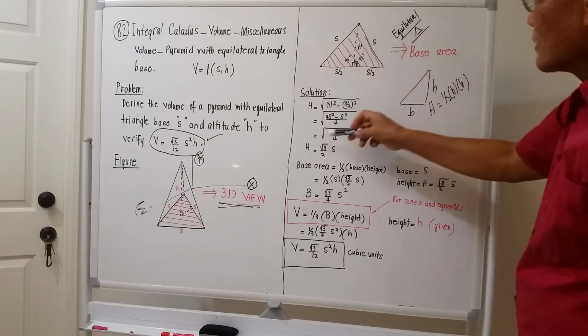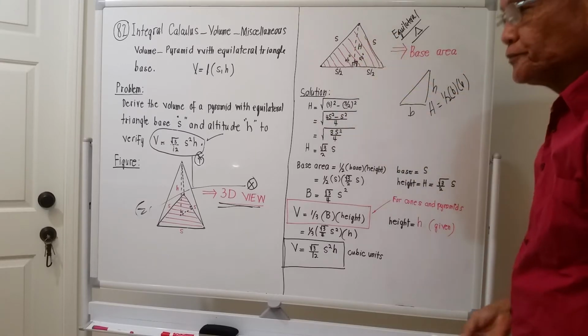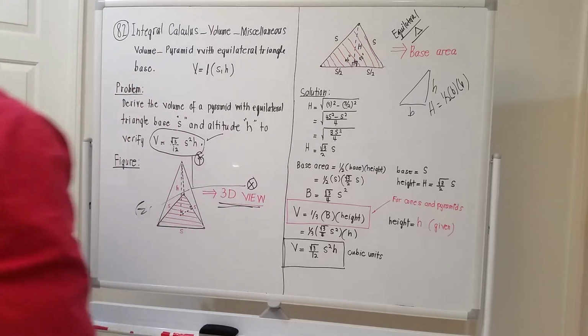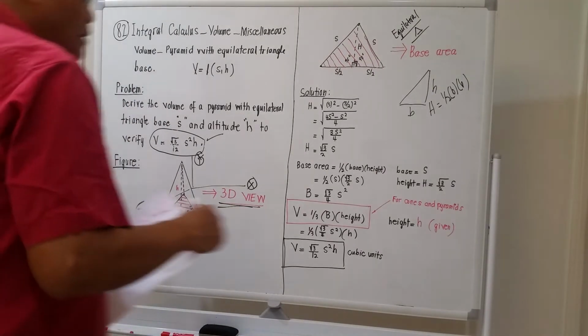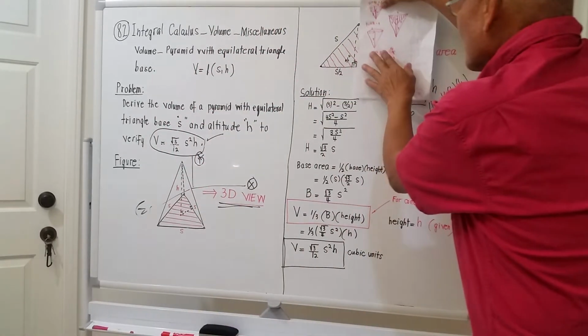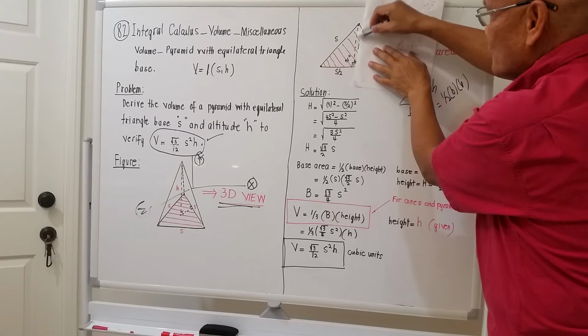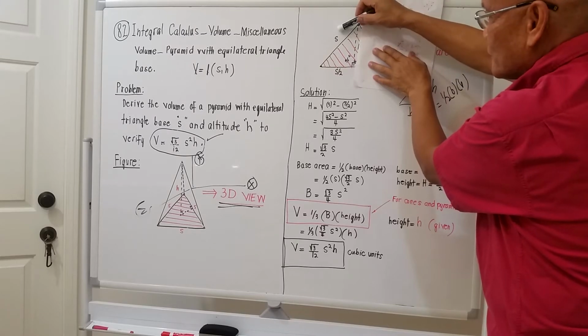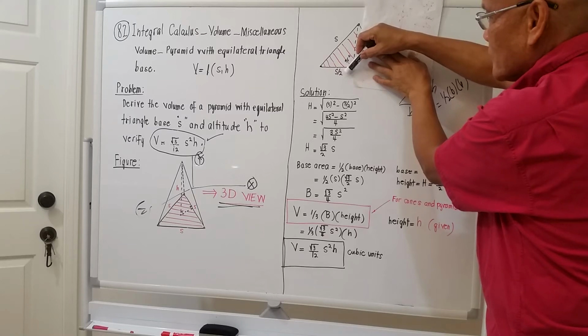Using the Pythagorean theorem, small h is actually the square root of the hypotenuse squared minus the adjacent side squared. Just take 1/2 portion for the number, 1/2. If we try to compute for this, it will be the square of the hypotenuse minus the square of this adjacent side over here.